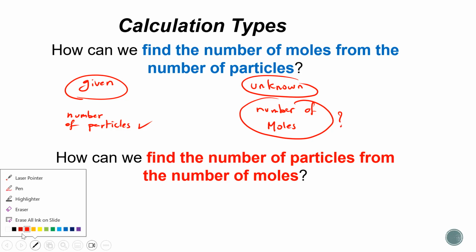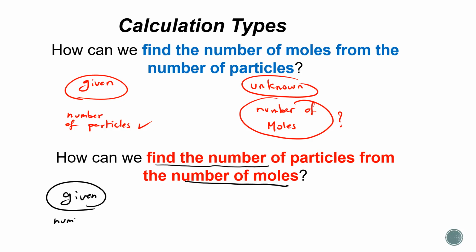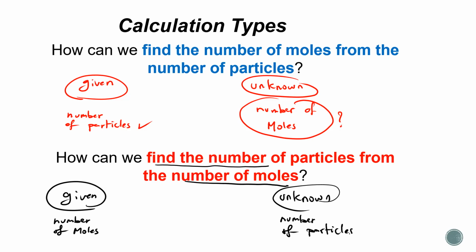Tamam? This is one type of the calculation. The other type is how can we find the number of particles from the number of moles? يعني given is the number of moles, and unknown is the number of particles. عكس اللي فوق. Okay?